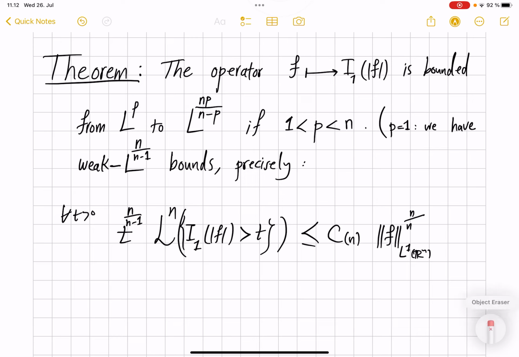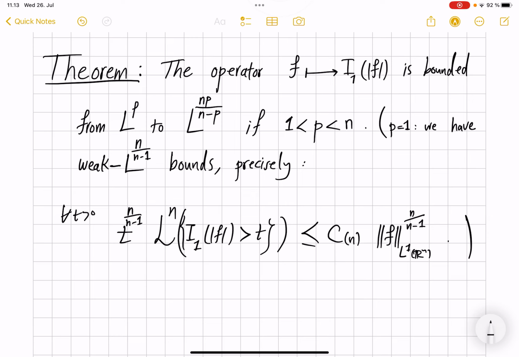So this power here doesn't matter. This is just saying that the L1 norm of the function almost gives a bound on the n over n minus 1 integral of the function. This is the weak type estimate corresponding to the case p equal to 1 of the maximal function.